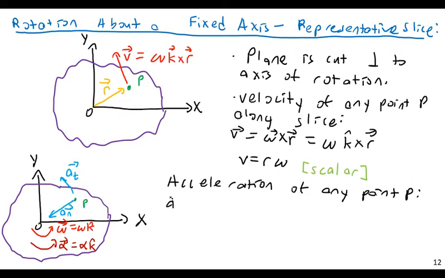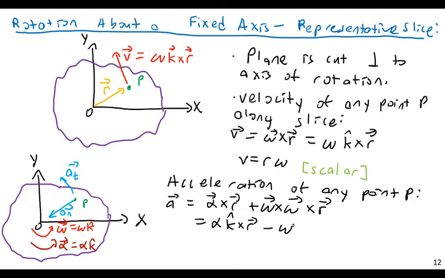Well, I'm going to have a equals alpha cross r, plus omega cross omega cross r, which will be equal to alpha k cross r, minus omega squared r.